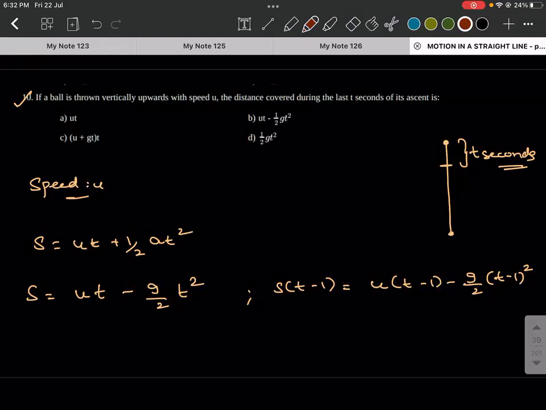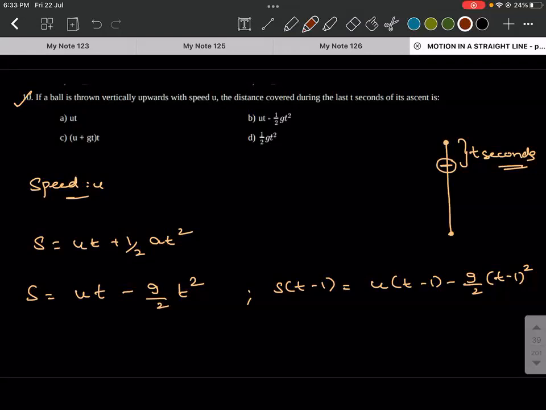Ball is thrown vertically upwards. Distance covered during the t seconds of its ascent. Okay. Do one thing. Try to find out what will be the velocity of the object at t minus 1 seconds. Find the velocity of the object at t minus 1 second.